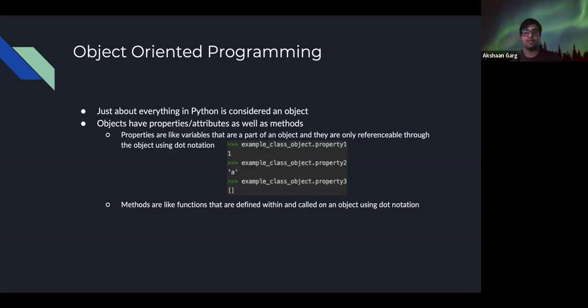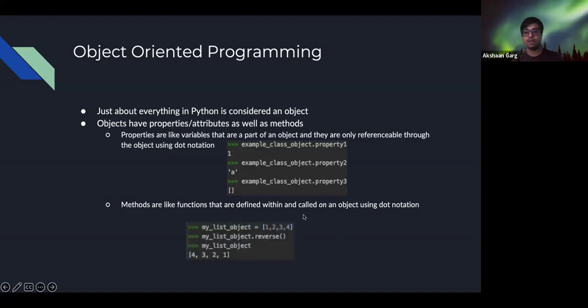An object can have properties or attributes as well as methods, right? So properties are like variables that are part of an object, and they are only referenceable through the object using dot notation. Methods are like functions that are defined within or called on an object using dot notation, right?